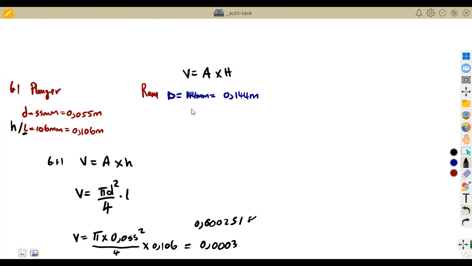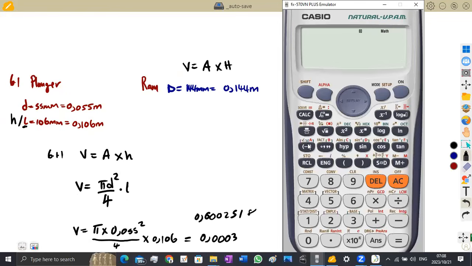So we've got our fraction, that is going to be pi times 0.055 squared over 4, times the length of 0.106. I didn't multiply here, sorry for that.